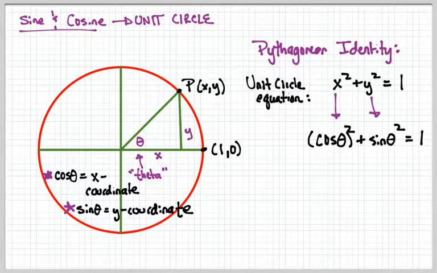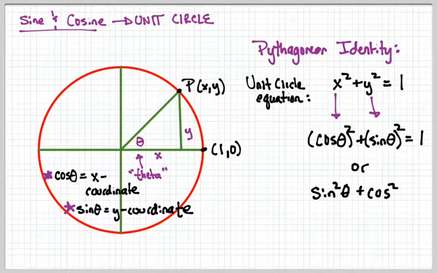And this is kind of how you'll do it in your calculator, but really how it's written, and usually sine comes first, it's written like this. They're all the same thing, but I want to make sure you write it that way. So we have stars next to those guys. This is your Pythagorean identity.